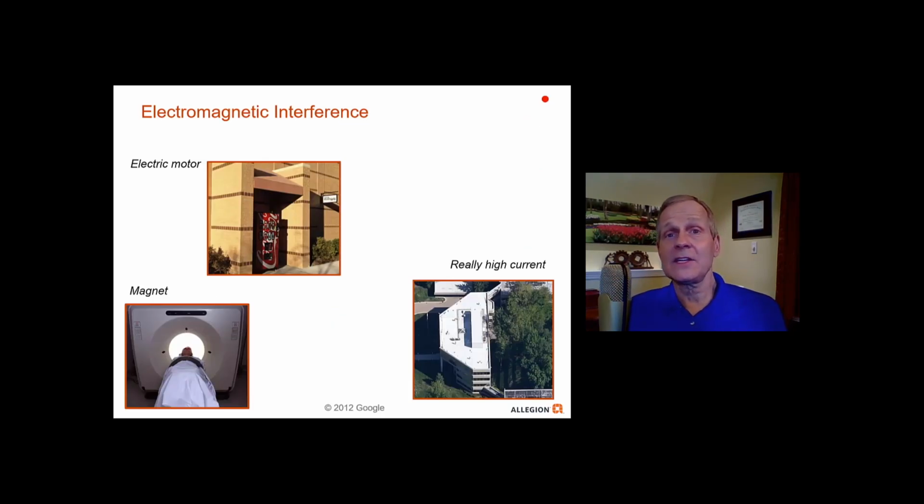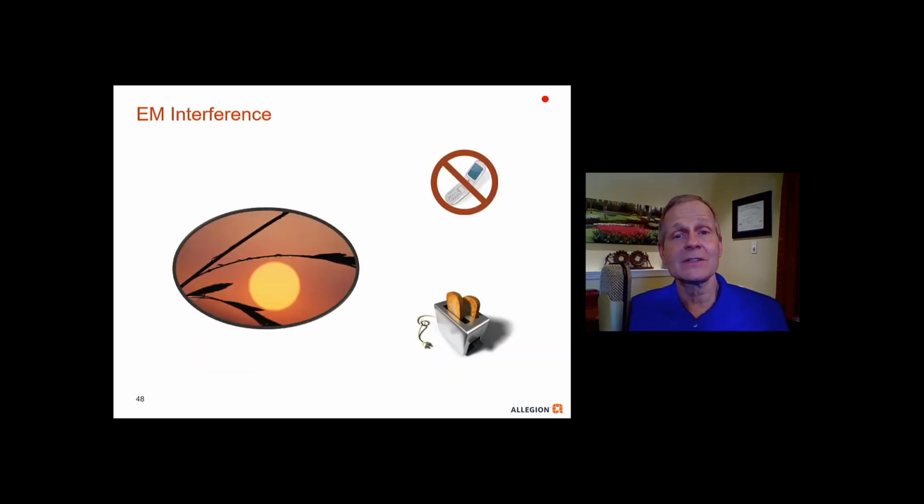So what causes electromagnetic interference? Well, any type of electric motors have the potential for causing electromagnetic interference. A large magnet, such as those used in diagnostic equipment in hospitals, would cause electromagnetic interference. Anything that has an extremely high voltage, like the power lines coming into a building, can certainly cause electromagnetic interference.